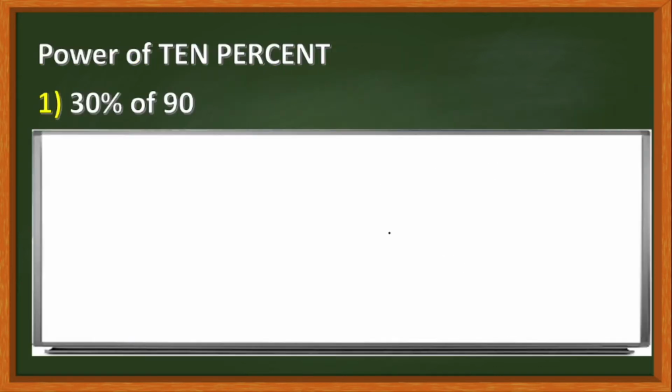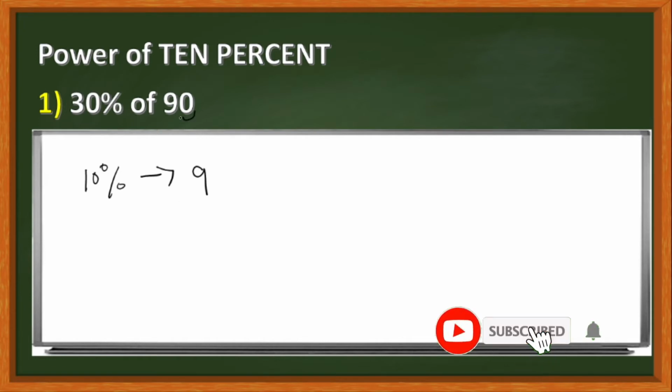But using the power of 10%, you're going to get the 10% of 90. We have 10% of 90 is basically 9. Why is that 9? The easy way to know the 10% of a given number is to move the decimal point 1 place to the left.